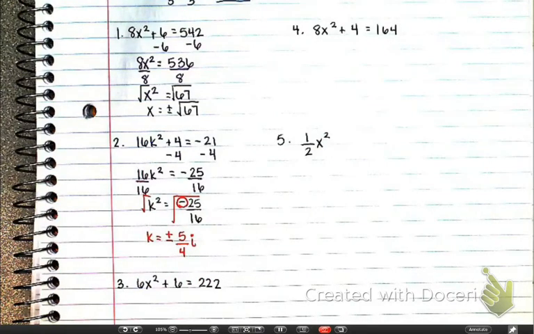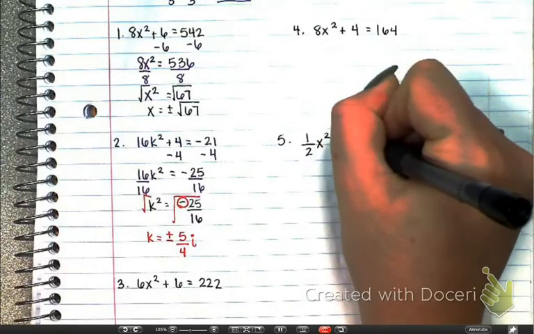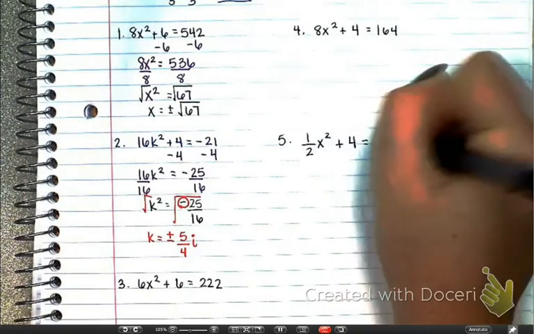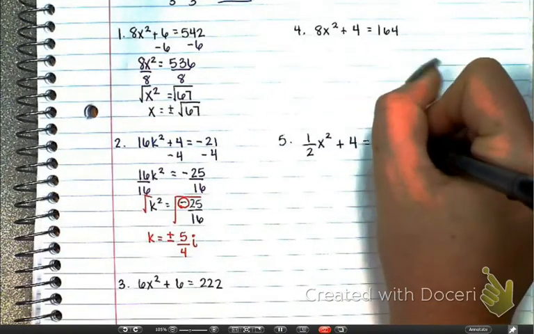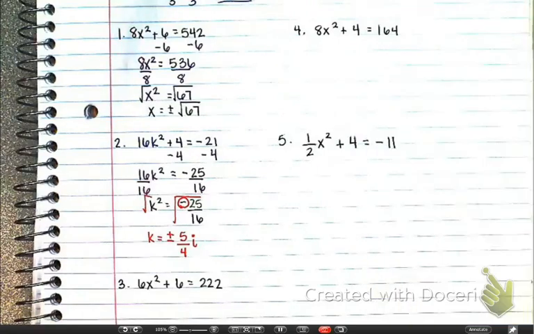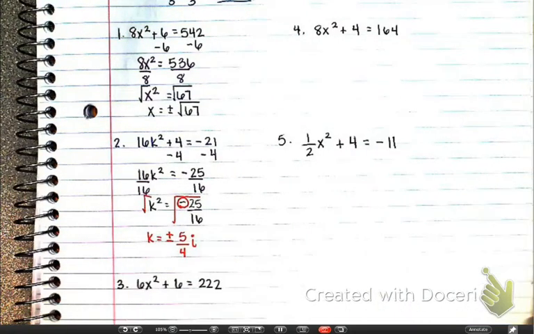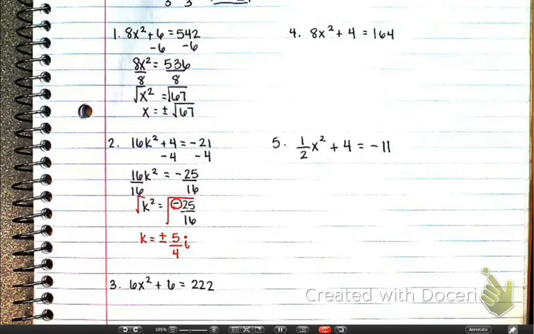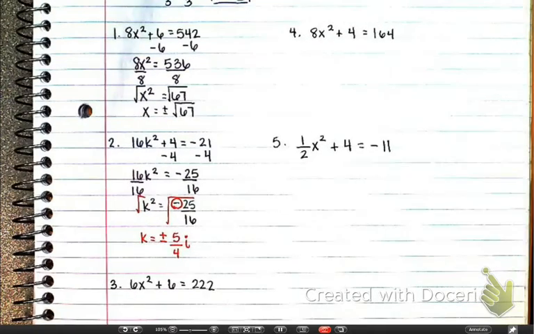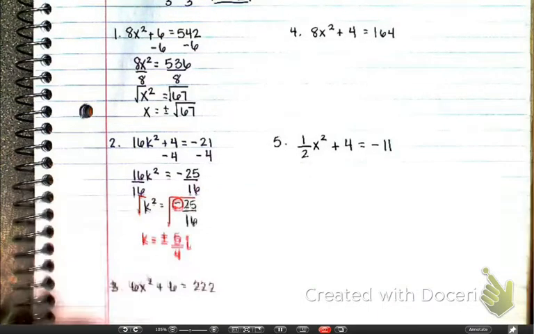And 1/2 x squared plus 4 equals negative 11. Okay, so you are going to take a few minutes to solve these on your own. If you're watching the video, pause the video because I'm going to go straight into solving them.